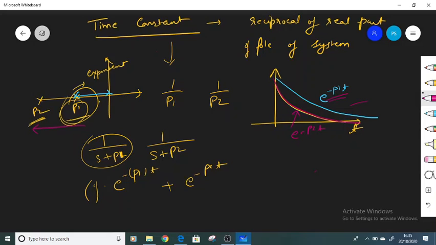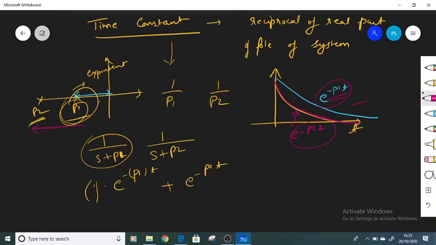Okay, so if I have two time constants and one of the time constants is due to p1, another is due to p2, तो हमको इसमें से कौन से टाइम कांस्टेंट को चूज करना है. Okay, which one to choose for this?